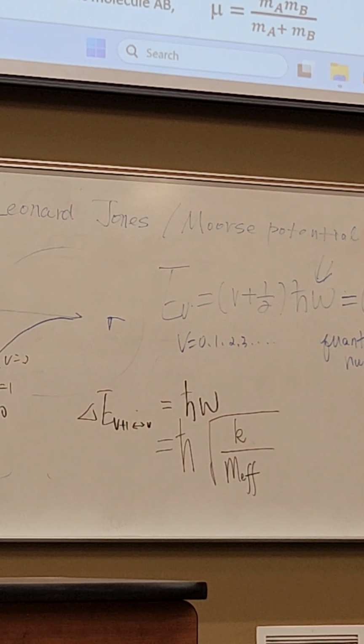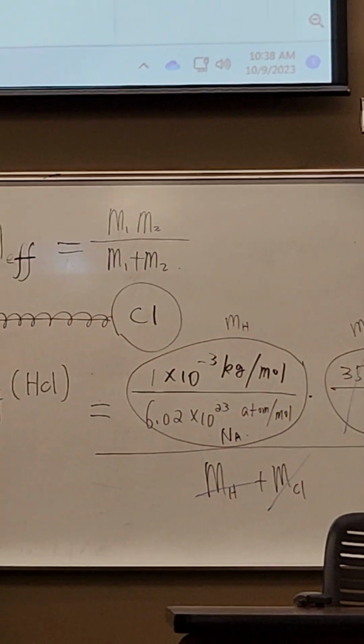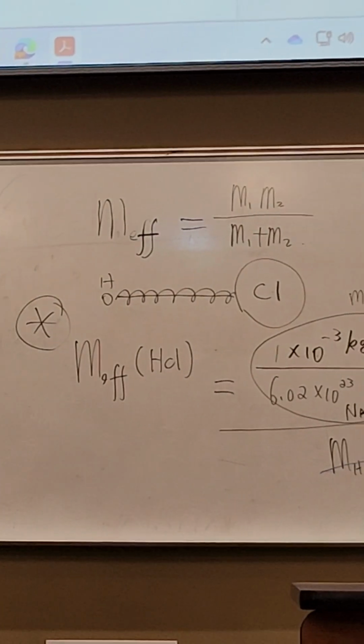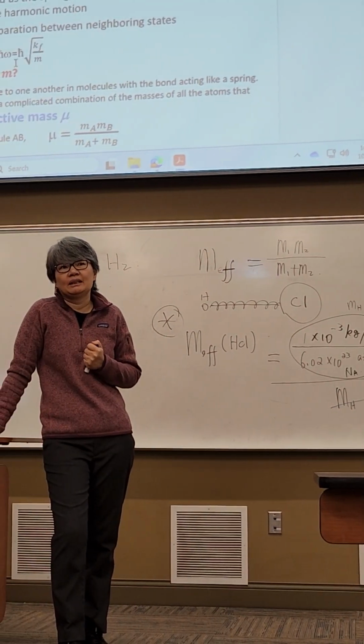Okay, do we know the K? Yes. That's the bond, so that's your spring constant. That's 516.3. Do we know the effective mass? Right? And you plug in, and you will be able to calculate the energy spacing.